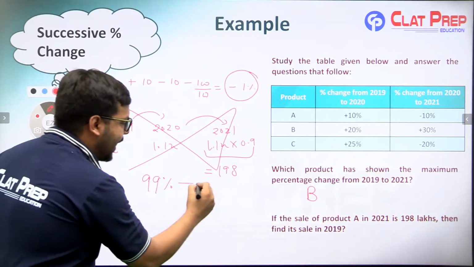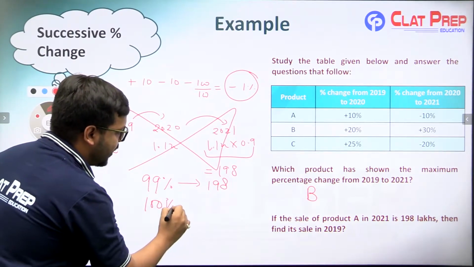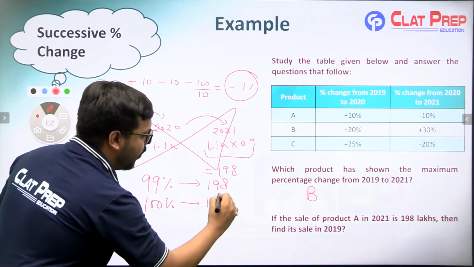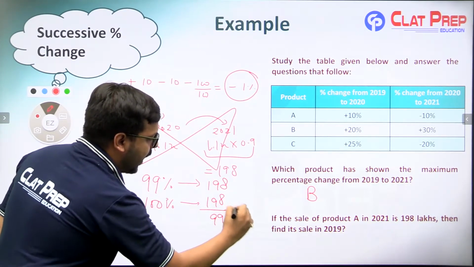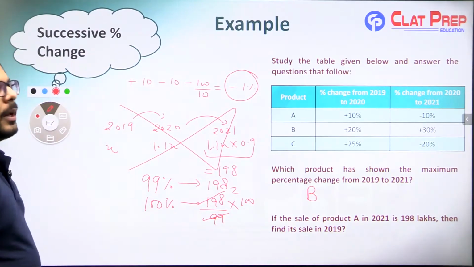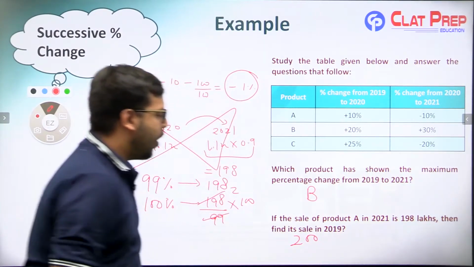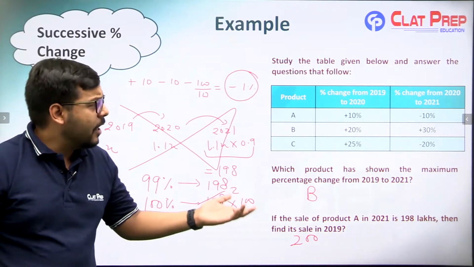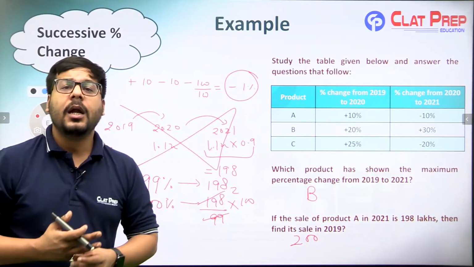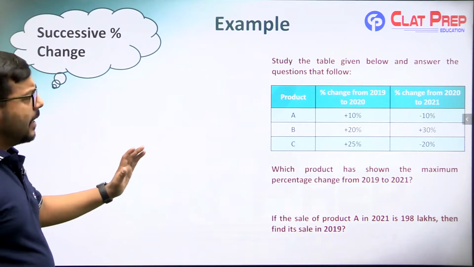Now this 99% is given as 198. So what will be the original value? That is 100%. It will be nothing but 198 upon 99 into 100, which we can easily see is equivalent to 200. So what will be the original sale here? The sale of product A in 2019 will be 200 lakhs. Okay, easy.